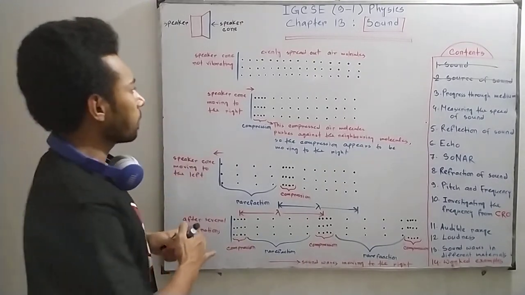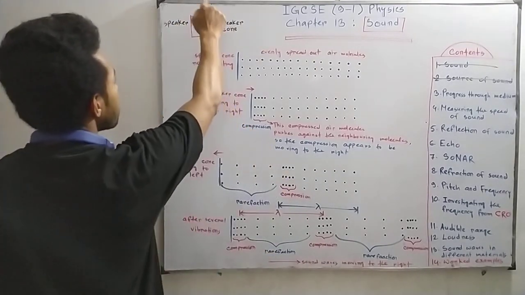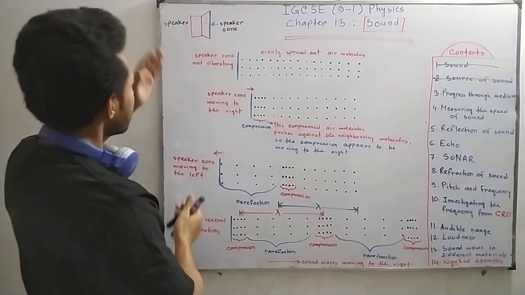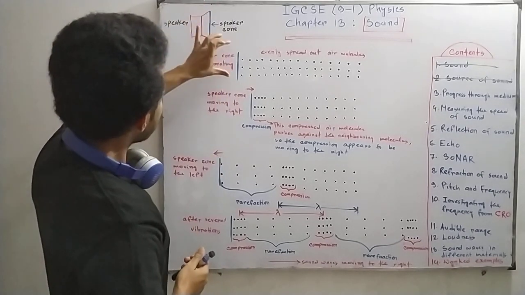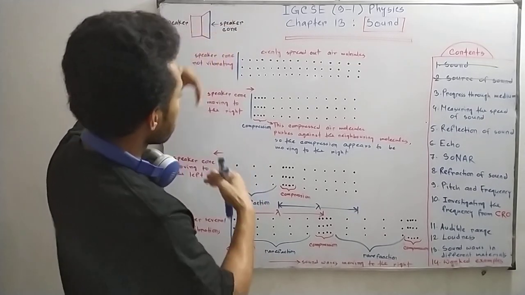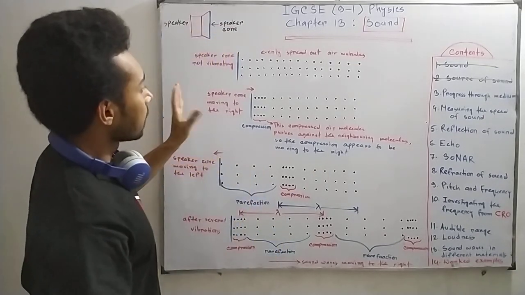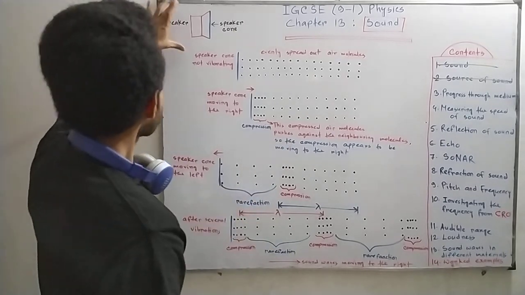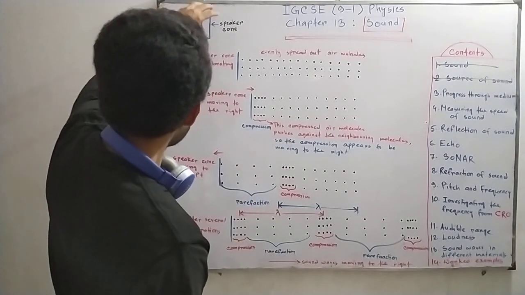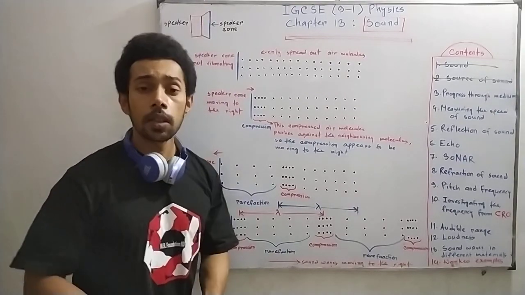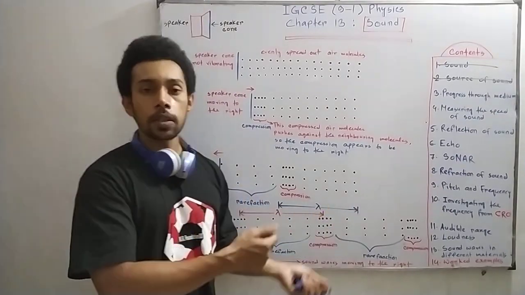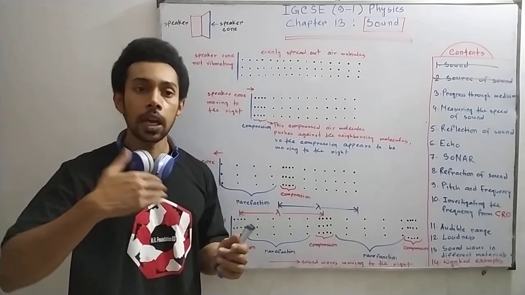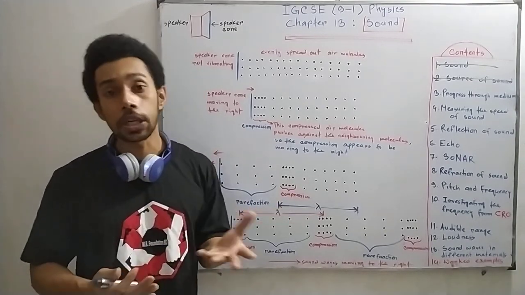Okay, for example, this is a loudspeaker or speaker, and this is a paper cone, and I've just taken the paper cone to make the diagram clearer and simplified. So this is the speaker and this is the speaker cone, and when you turn on the speaker or any musical system, the speaker cone vibrates, and when the cone vibrates, you hear sound.